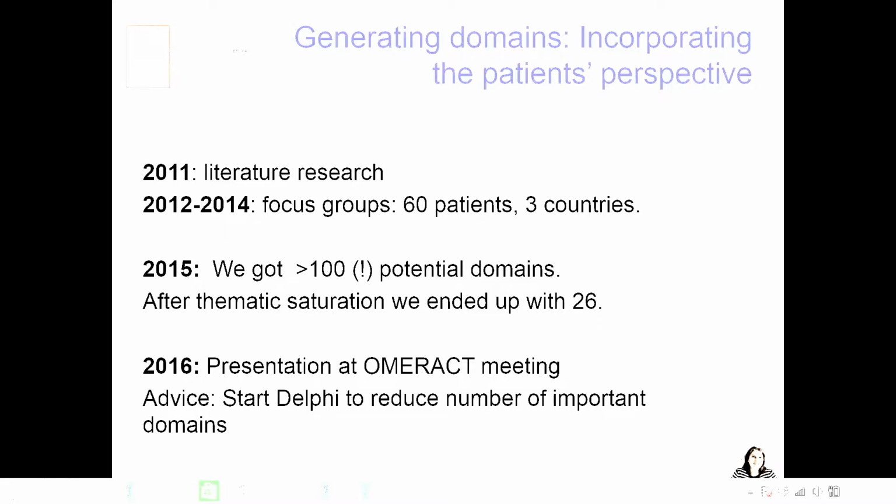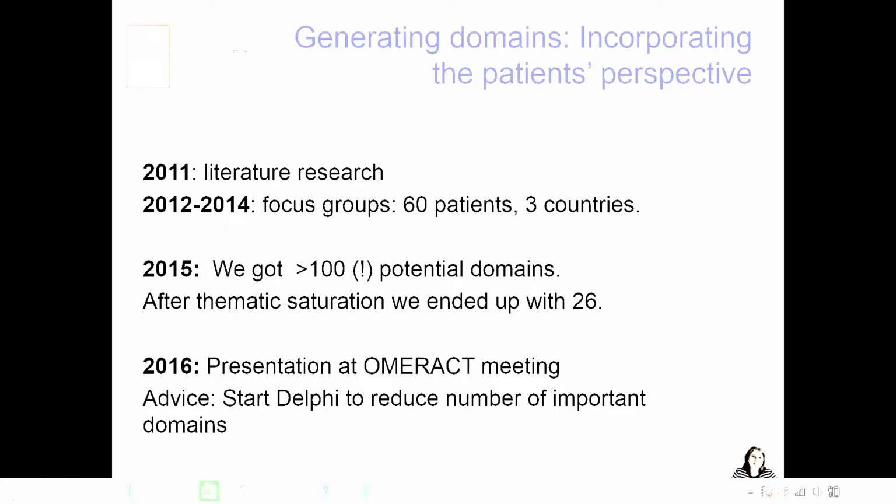The first one was, in what way has myositis changed your life? And the second one was, what does a typical day look like? We ended up with over 100 potential domains, and after thematic saturation we got 26 potential domains.